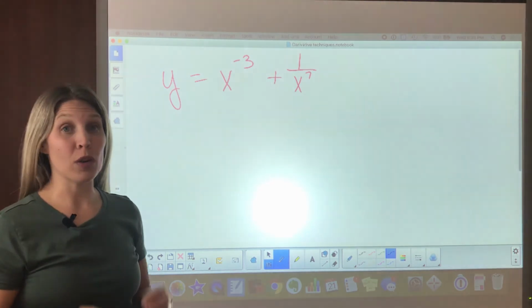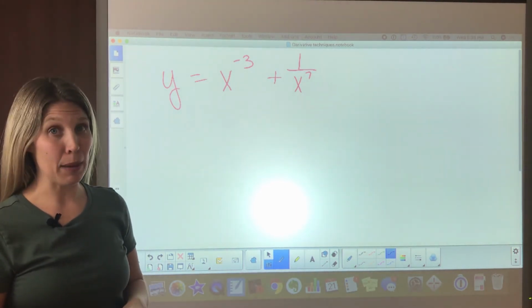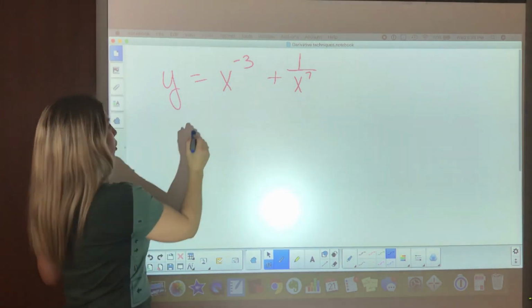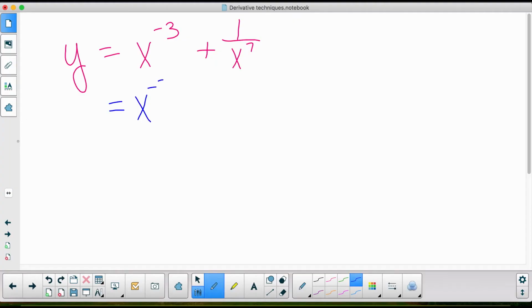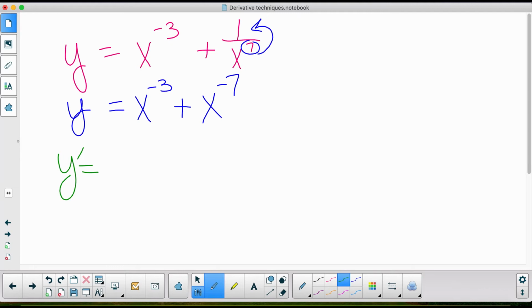Now let's try one where there's an exponent in the denominator. So I'm going to go ahead and rewrite this as x to the negative 3 plus I'm going to have this guy jump up to the top. So that's x to the negative 7. And this is still our y problem. So now to find the derivative, I'm going to bring those exponents down front, subtract an exponent.